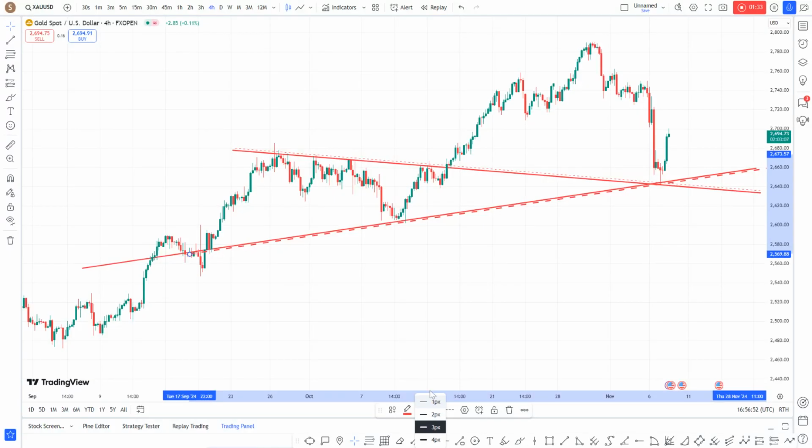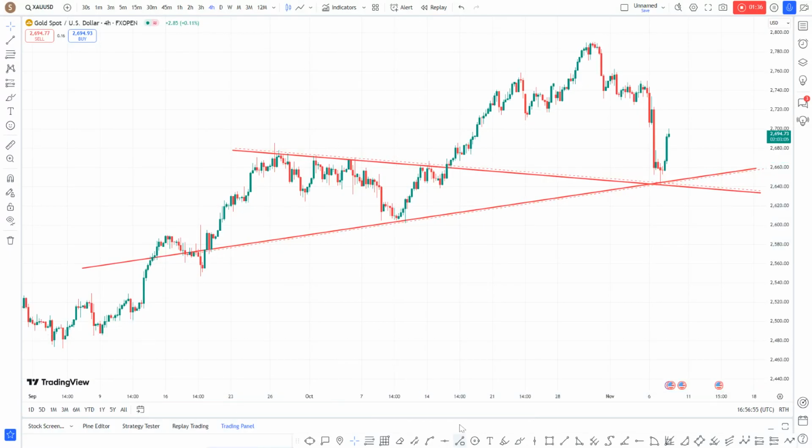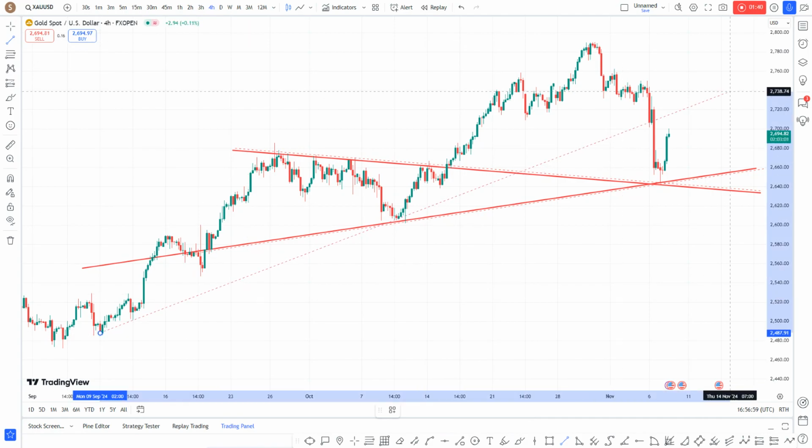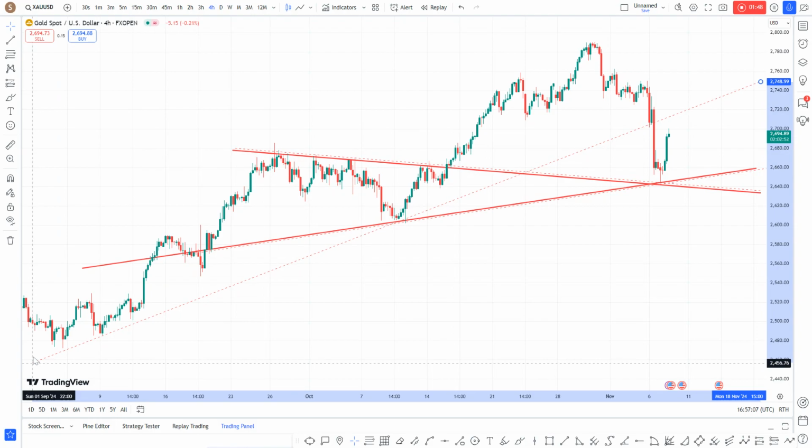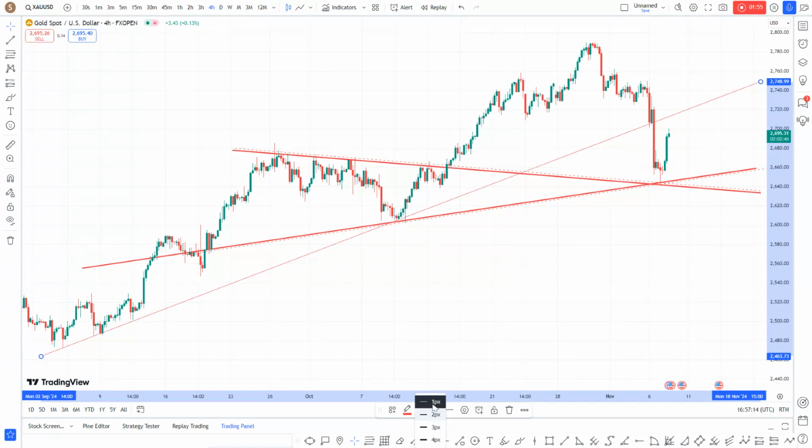So now we look at another structure again, a breakout from an ascending trend line. A breakout from an ascending trend line calls for a retest, a retest to a broken structure. When a demand floor is broken, it becomes a supply roof, a foundation for sell, where sellers anchor and sink price.